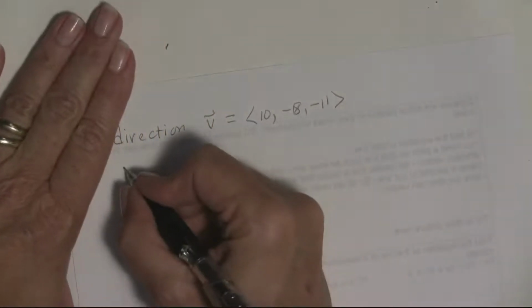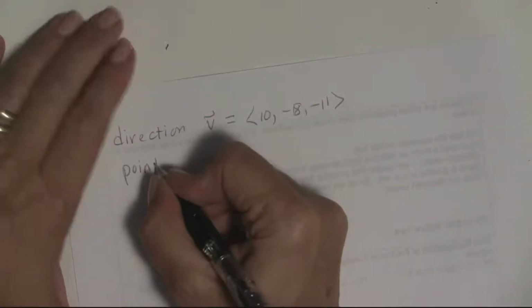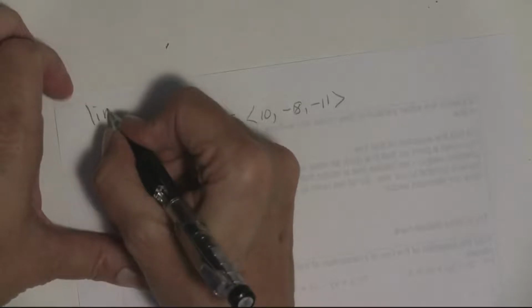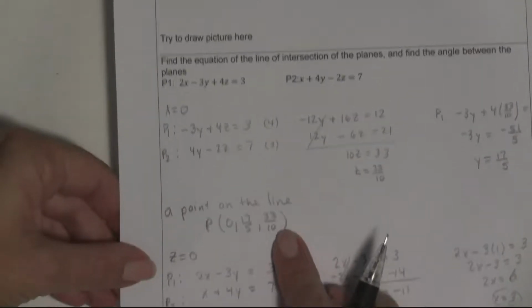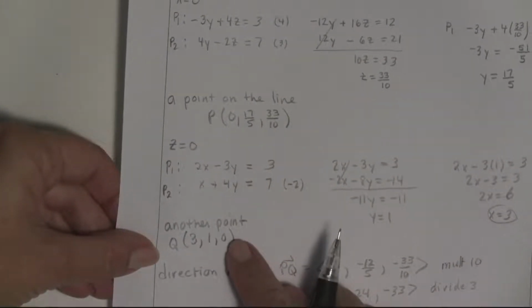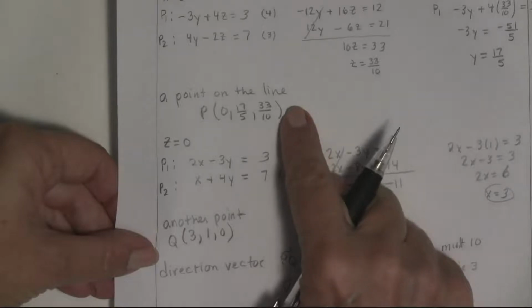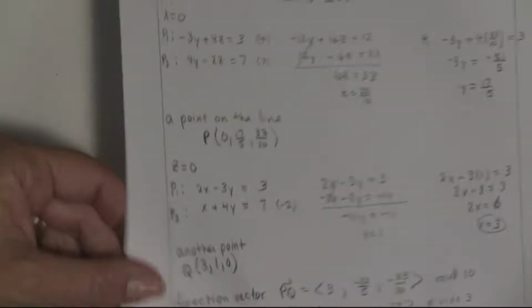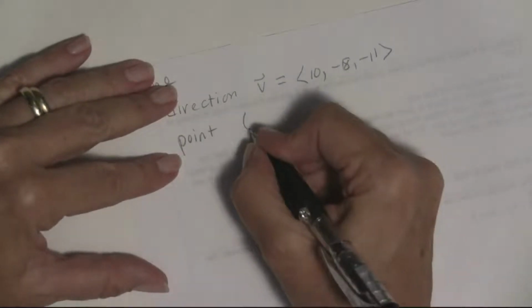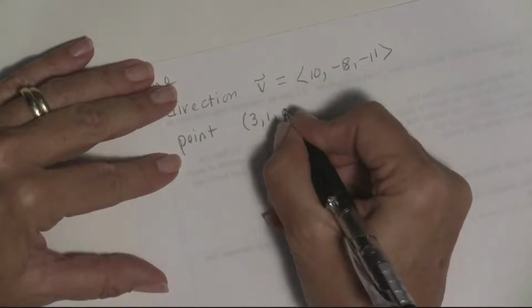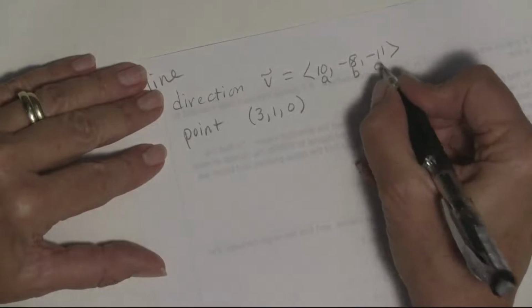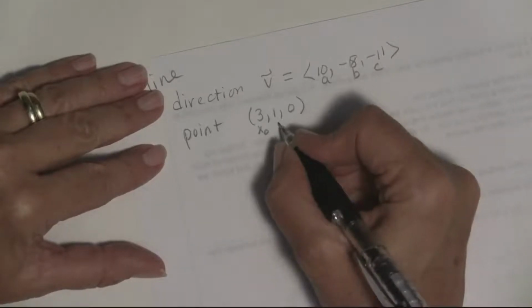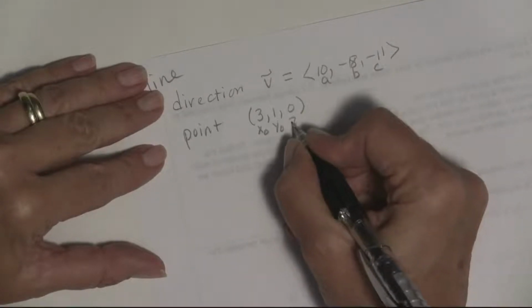And I have a point. I could use this point, or I can use this point. This one has fractions in it, so I'm going to use this one, (3, 1, 0). So this is my A, my B, and my C. This is my x naught, my y naught, and my z naught.